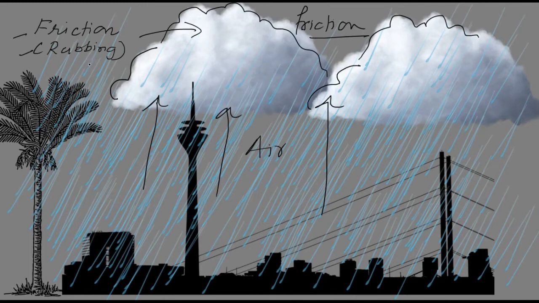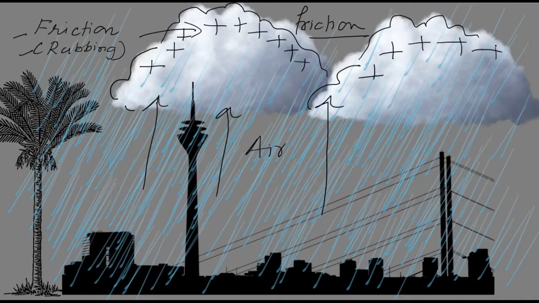Rubbing induces a kind of charge, either positive or negative. Now here it is observed that positive charges settle down at one end of the cloud, and the opposite kind of charges will be towards the other end of the cloud, right?